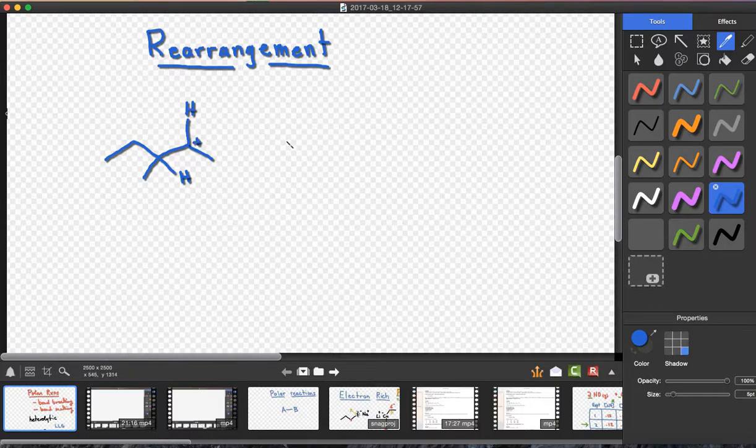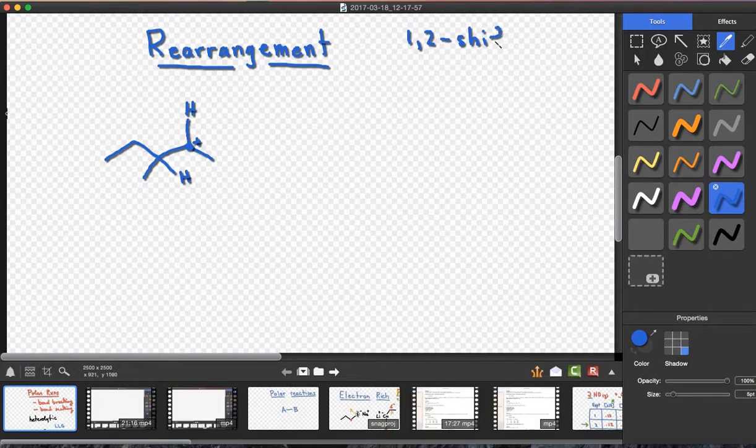In this example, we have a carbocation that is best classified as secondary. In a rearrangement, either a hydrogen or an alkyl group and its electrons migrate from the carbon to which they're currently attached to an adjacent carbon. So these are sometimes called 1-2 shifts.